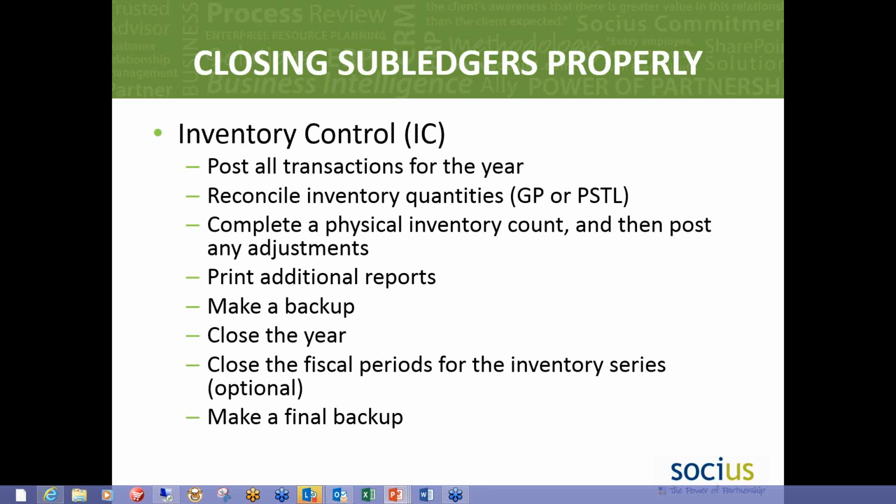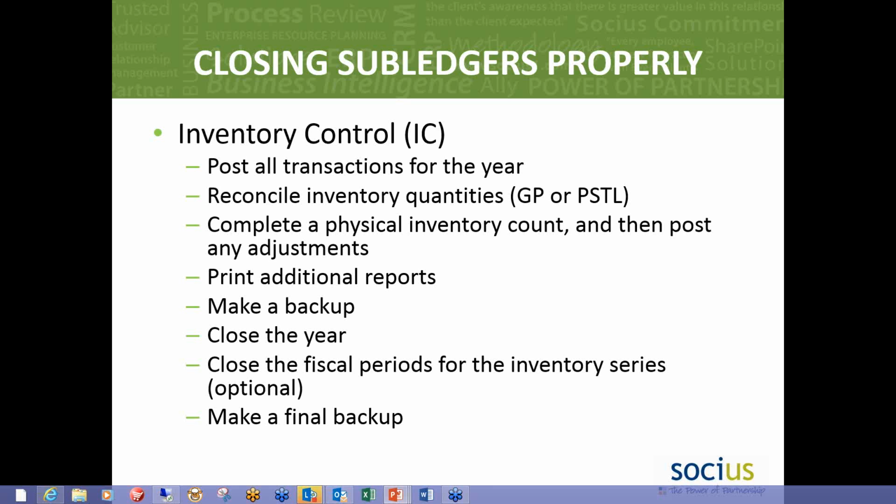At the end, I'll talk about closing fiscal periods for all the modules, because you'll see that actually is an option on each one of the modules' checklists. Once you close the fiscal periods, then you make a final backup. So basically you make a backup before and a backup after the process of closing the year.